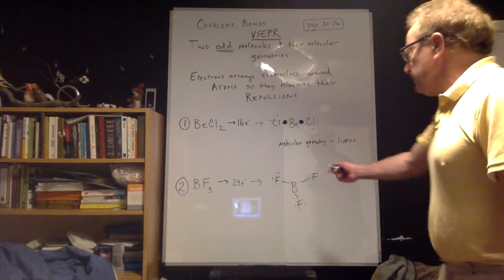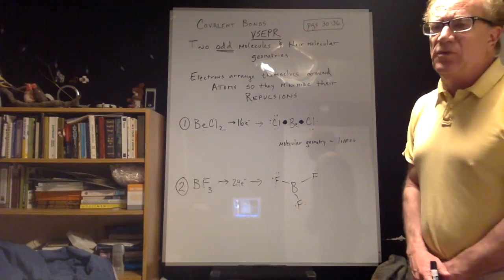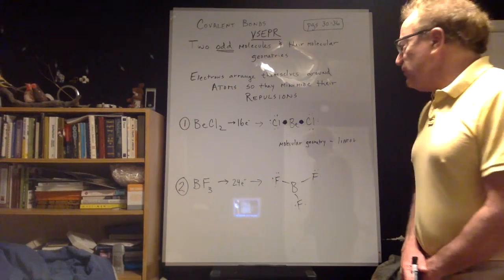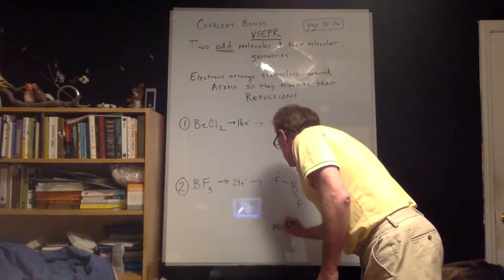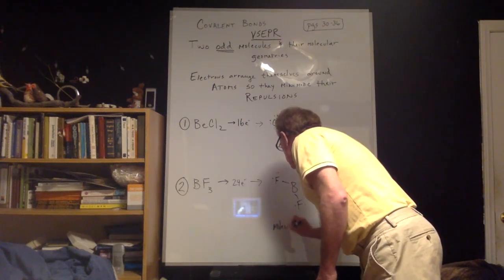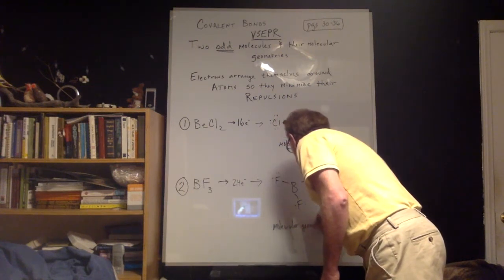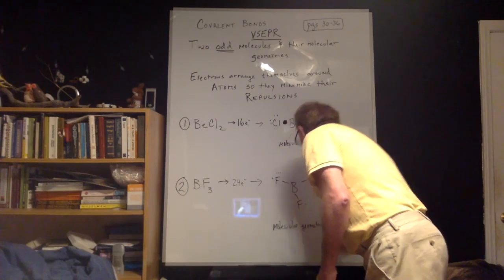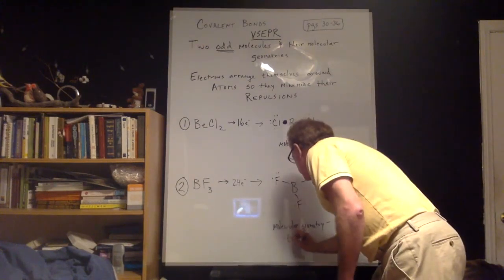So this guy has only 3 bonds, and to minimize the repulsions, this molecular geometry is going to be trigonal planar.